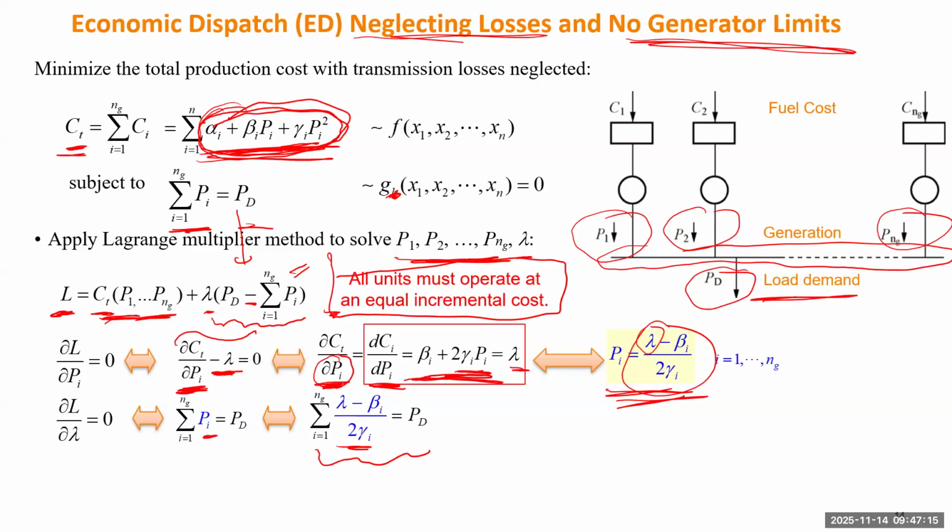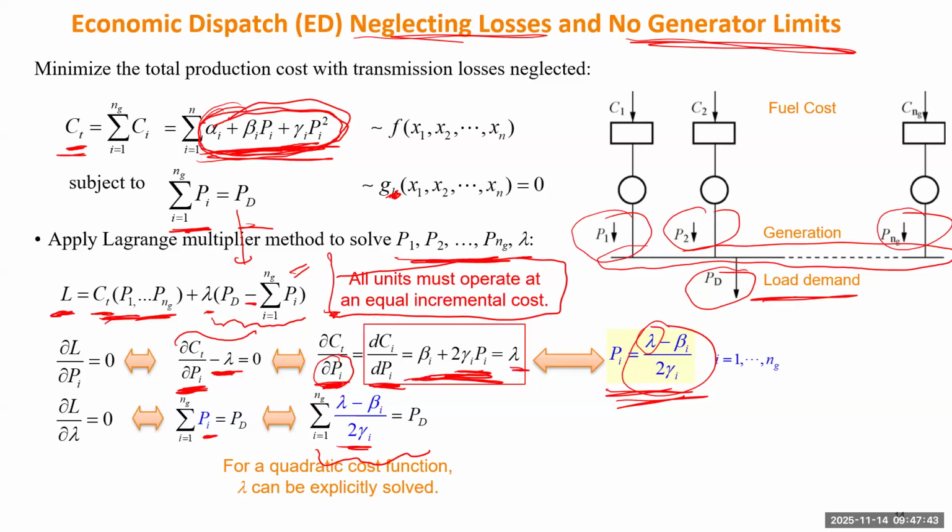Okay, it's very simple. It's just a linear equation. I just go ahead and give you the answer. So this equation can be explicitly solved. If you have not a quadratic function, but a third order, higher order nonlinear function to model the cost, this equation will become nonlinear. To solve this equation, you need some techniques such as the Gauss method or Newton-Raphson method.